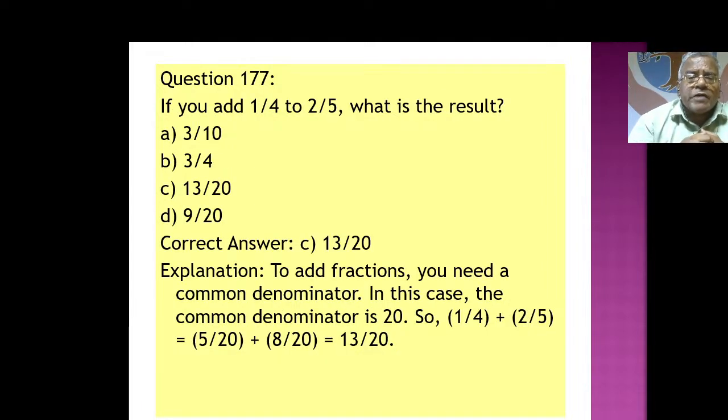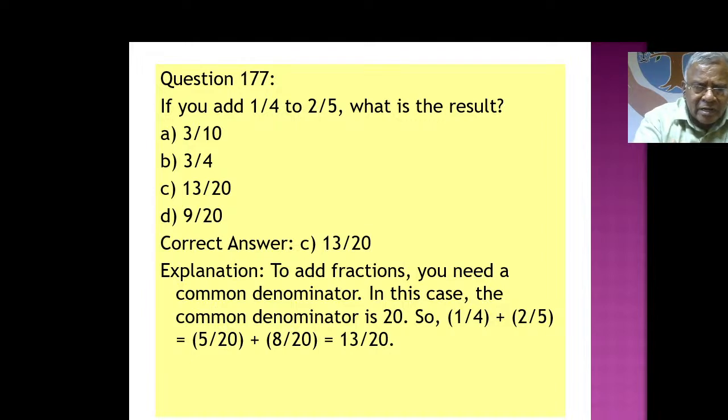If you add 1 by 4 to 2 by 5, what is the result? To add fractions, you need a common denominator. Just multiply the numbers in the denominator: 4 into 5, 20. Now calculate 20 into 1 by 4 plus 20 into 2 by 5.